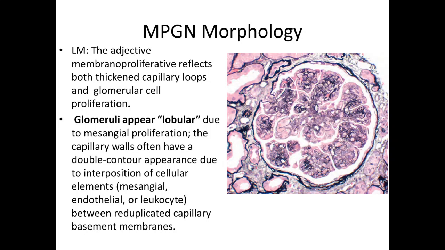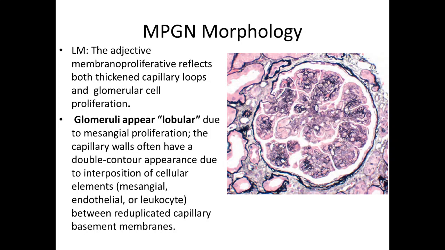Light microscopy shows us capillary walls which are thickened and have the appearance of wire loop formation. The neogenic substance of the basal membranes looks like spikelets between deposits of immune complexes. Also, there is sclerosis of the capillaries and glomeruli.